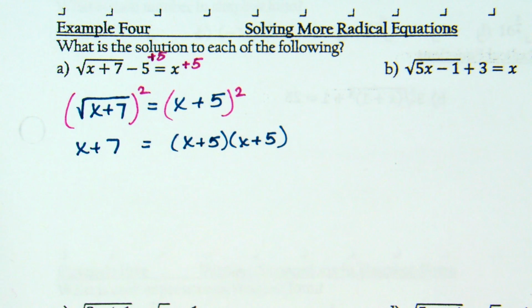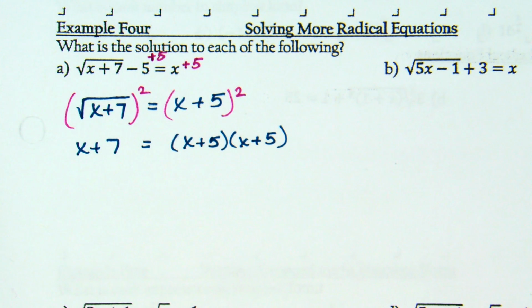Common wrong answer of x squared plus 25, because that's doing, okay, x squared is x raised to the power of 2 is x squared, 5 squared is 25. What you've got to remember here is you're squaring that quantity. So x plus 5 times x plus 5, which means you need to FOIL. Okay? So that you can see it. I'm not have to write out x plus 5 times x plus 5. But I think a lot of you still need to see that.